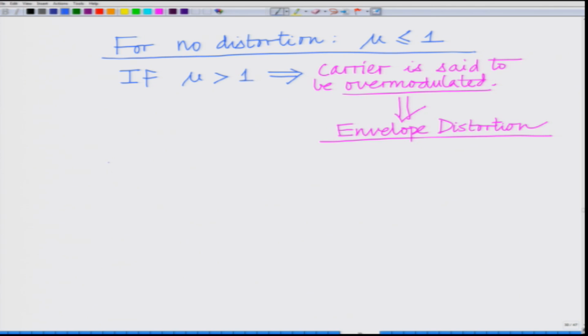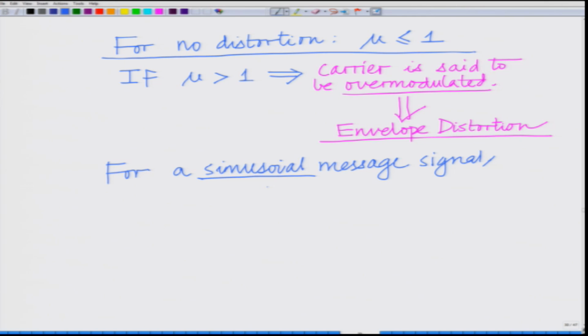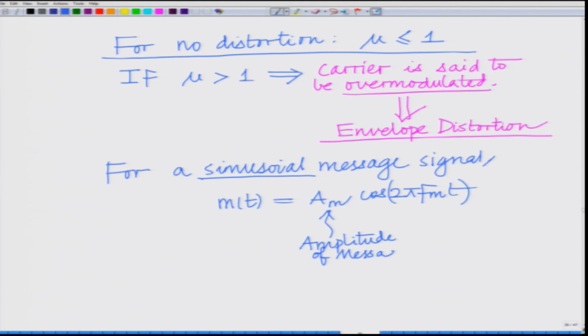Okay. And finally, for a sinusoidal message signal, we have Mt equals Am times cosine 2 pi fm t. This Am is the amplitude of your message, and fm is the message frequency.